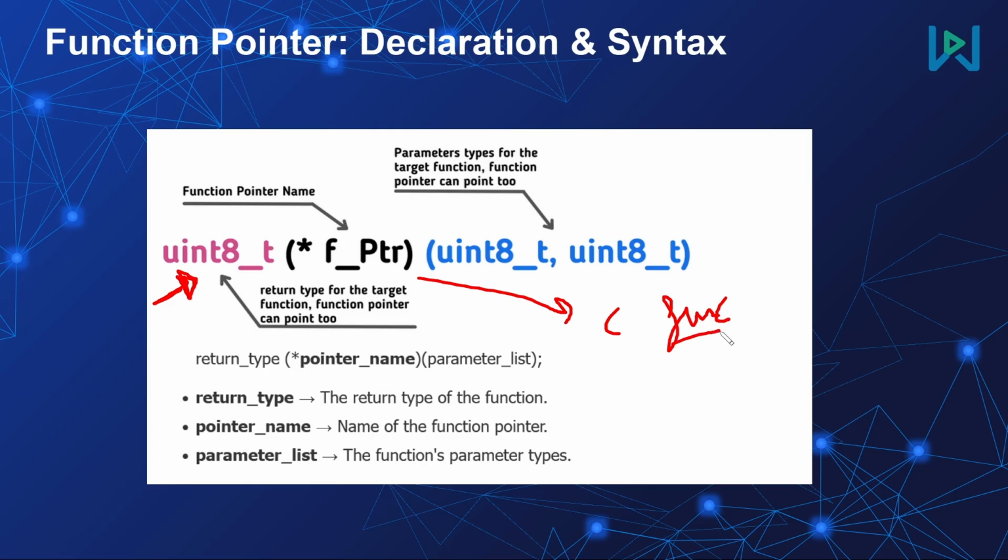And any function within C or even C++ will have a unique signature. A signature consists of the function return data type, so this is the return value data type coming out of our function, as well as the data types of the different input parameters of our function.